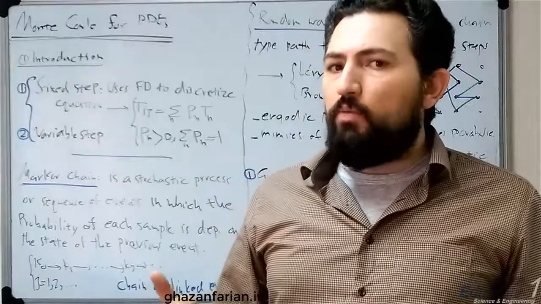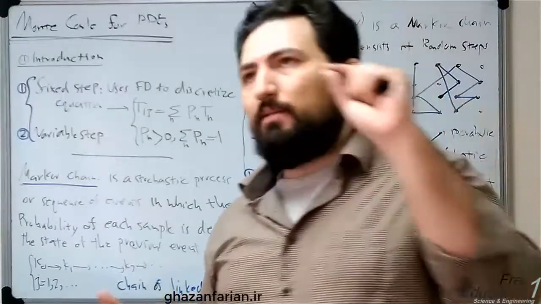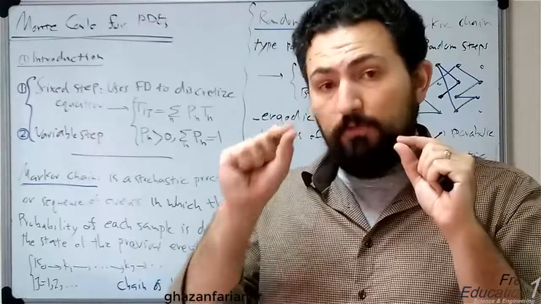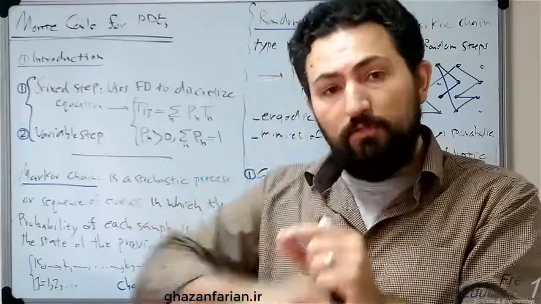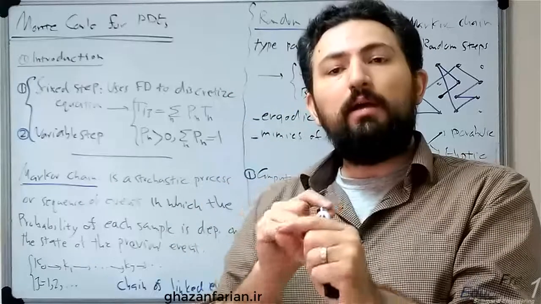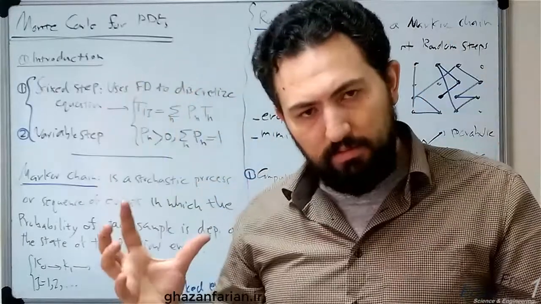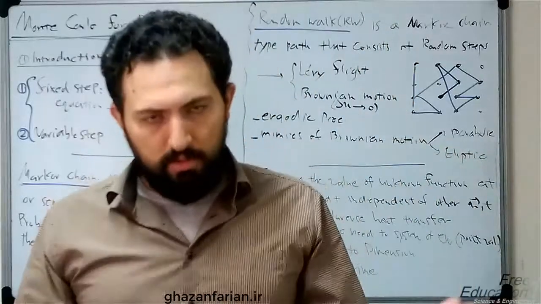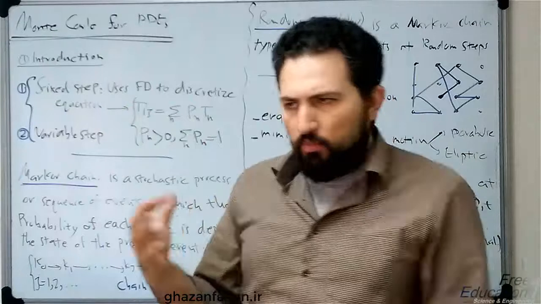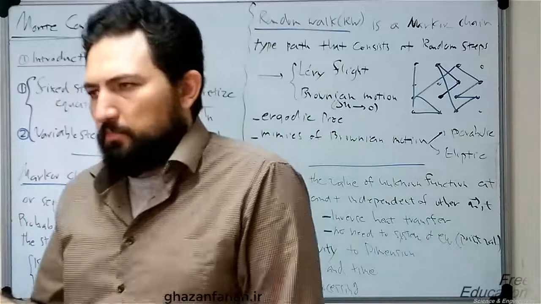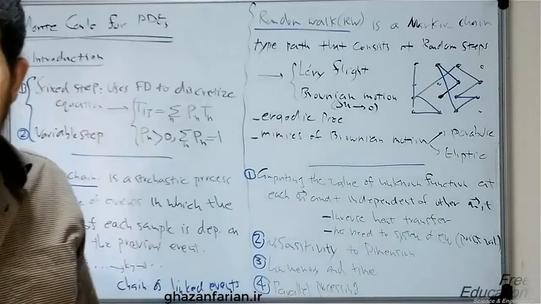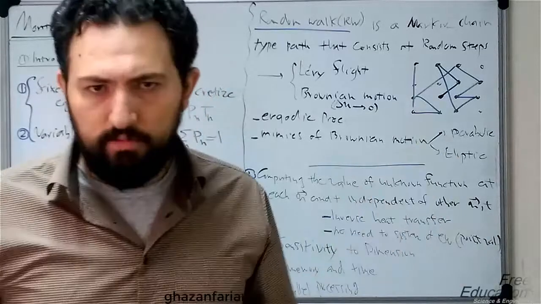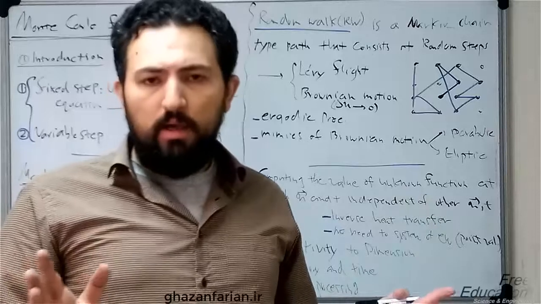So if you want to compute the temperature at a particular point in space, you have to also compute the temperature of other points, and this system of equations simultaneously converges to the solution. But consider that you just want to compute the temperature at a specific point in space. You don't need to compute the temperature of other points, or even at other times.